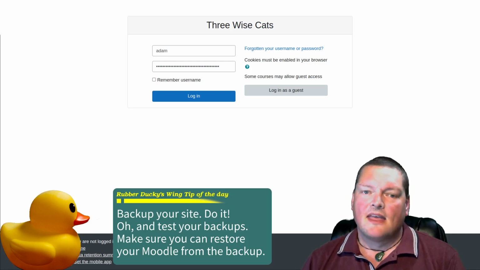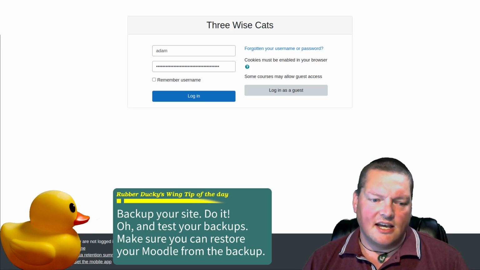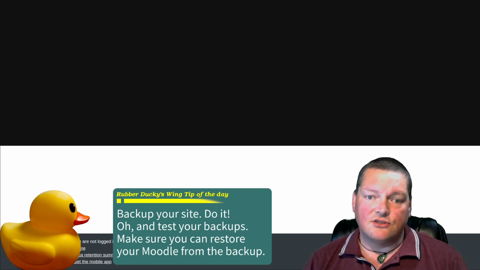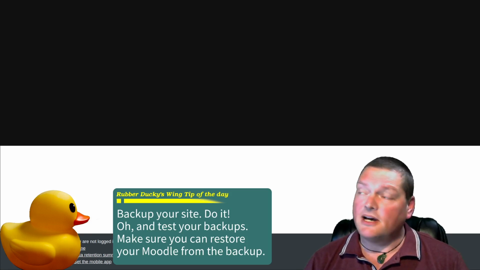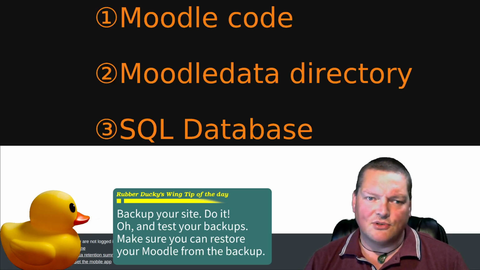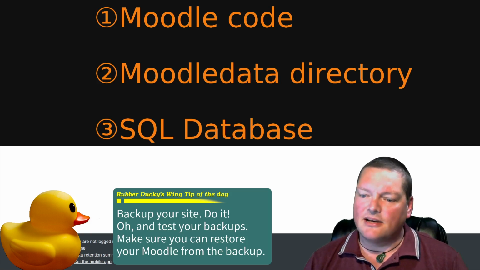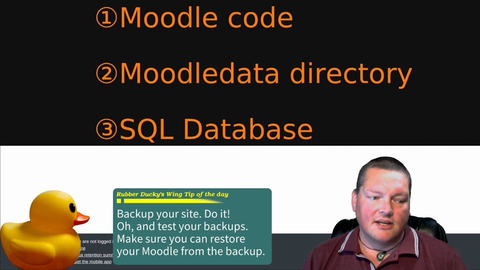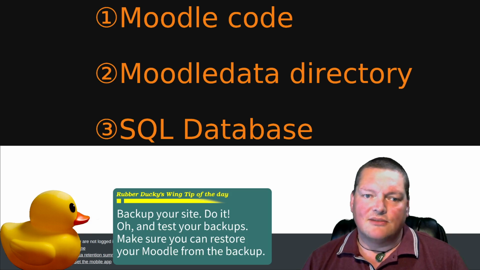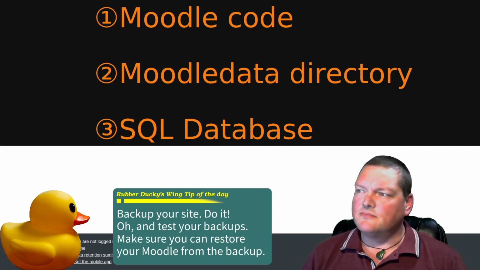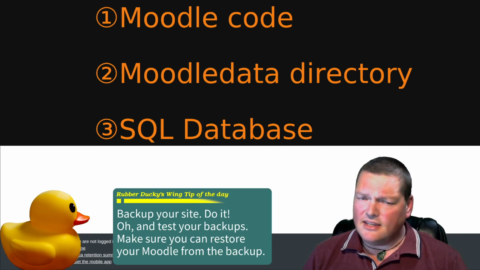So, let's address today the things that you need to back up. Now, there are actually three parts of a Moodle that you need to back up to have your Moodle completely, fully backed up and ready to go. So one is the Moodle code itself, which is in the www folder on the ones that I usually do.